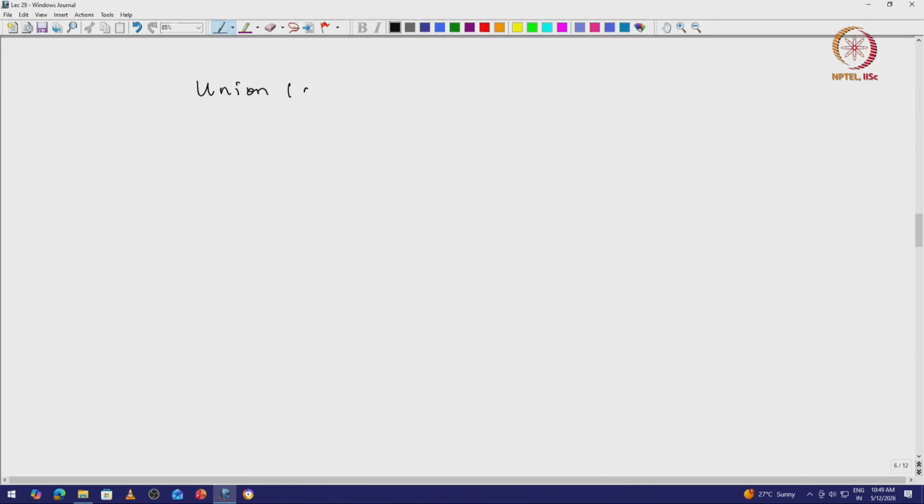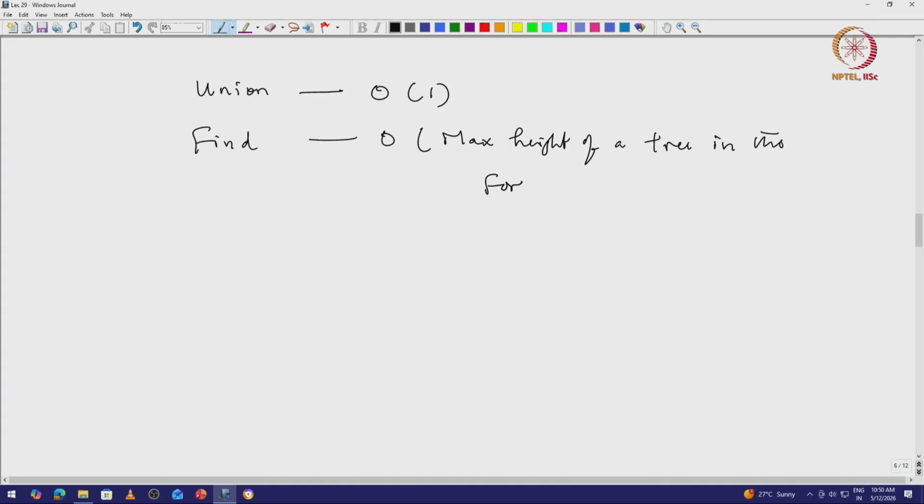Okay. So the union is order 1 in this, union is order 1, find is order of the maximum height of a tree in the forest.